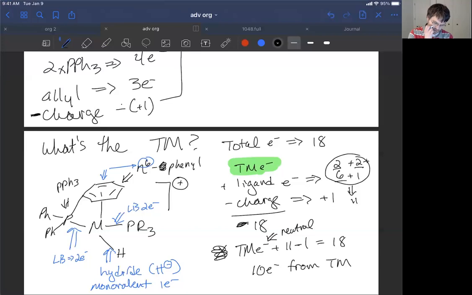So we have 10 electrons from the transition metal. Is that right? Did I do that right? Oh, no. Okay, wait. Oh no, it says that's right. Oh, gosh, I'm screwing something up. I think the number needs to be 8. Somebody is screaming at their computer right now.